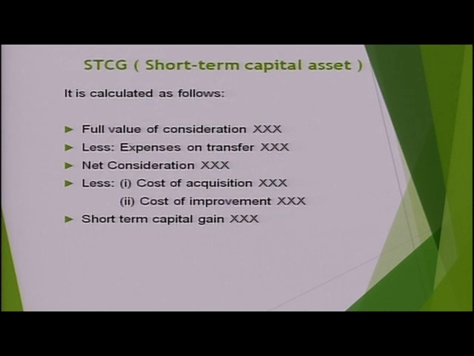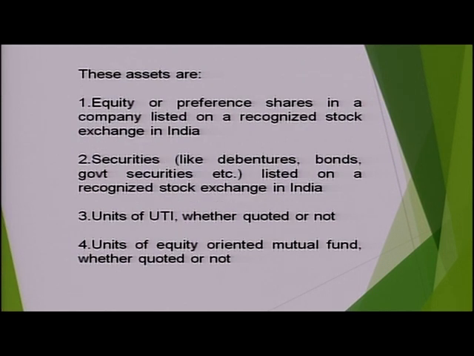So हमने क्या डिस्कस किया, what are the long term capital assets, what are the short term capital assets. तो long term capital assets, any assets we are holding up to 36 months or less is a long term capital asset. Any land or building which is being held for 24 months is a long term capital asset.